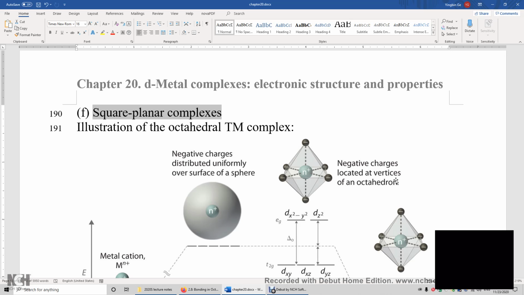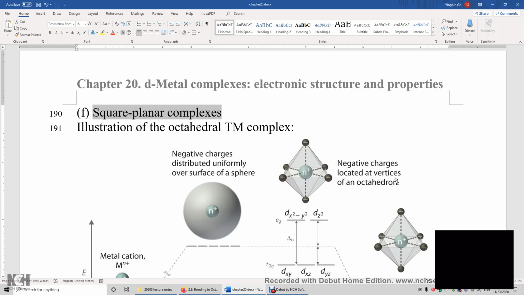But sometimes we do observe square planar structures for some transition metal complexes. And whenever you see a square planar transition metal complex, 90%, 95% of the time, the transition metal center has a 4d8 or 5d8 electron configuration, such as platinum 2+, gold 3+, iridium +, palladium 2+.